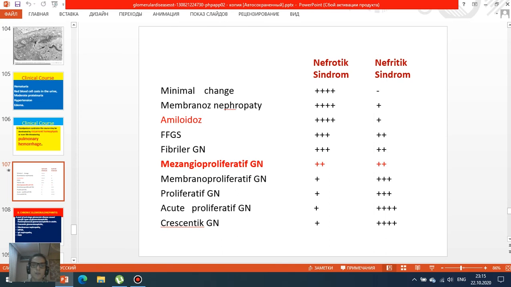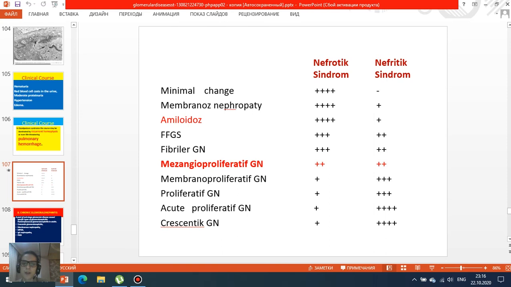Membranous nephropathy also, amyloidosis with nephrotic syndrome, focal segmental glomerulosclerosis with nephrotic syndrome, but sometimes we can see nephritic syndrome. Mesangial proliferative glomerulonephritis with nephrotic syndrome and nephritic syndrome.